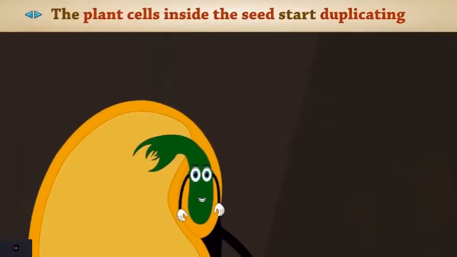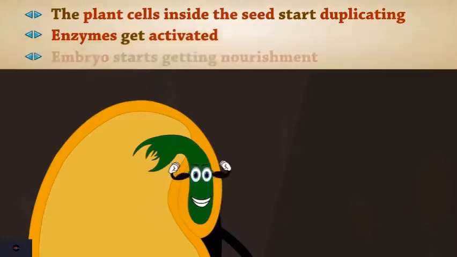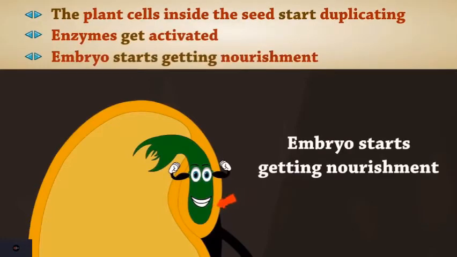The plant cells inside the seed start duplicating. Enzymes get activated. Embryo starts getting nourishment.